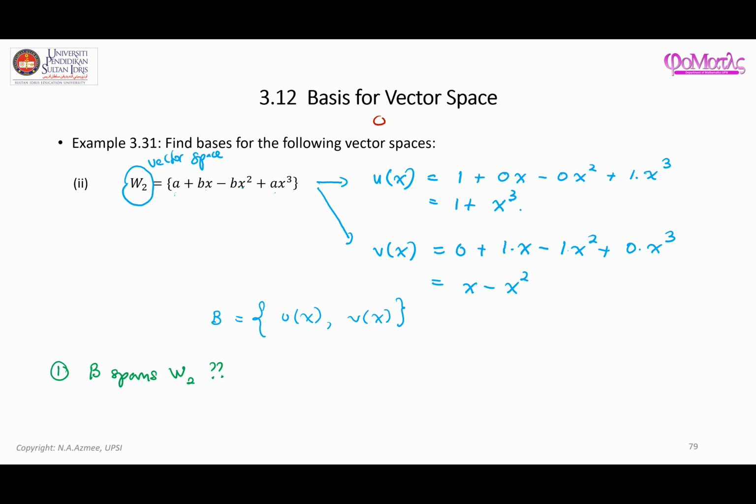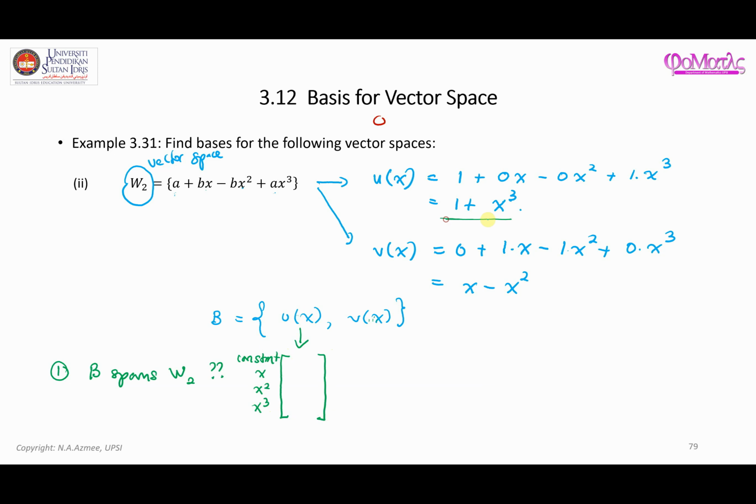We need to be able to show that, and by doing that we need to perhaps think of the possible linear combination between these two items here. And of course, if you look at it, this ux here can be written in a slightly different notation that incorporates the position of constant, the position of x, x squared, and x cubed.